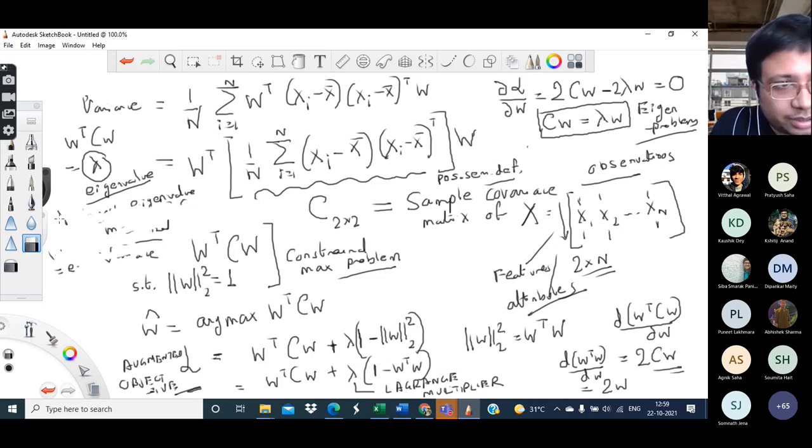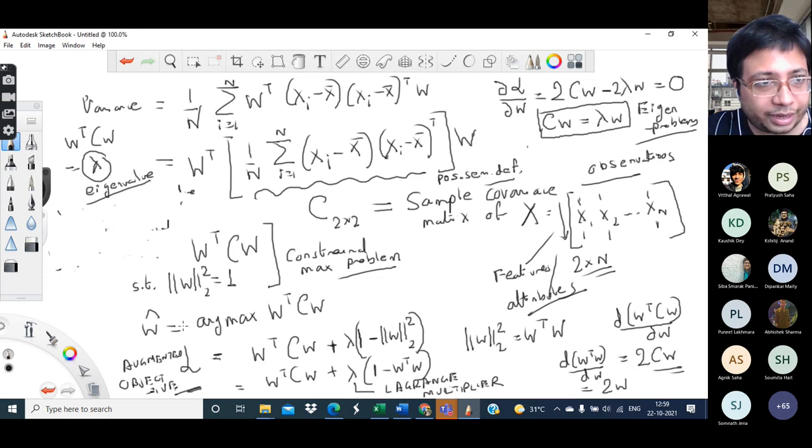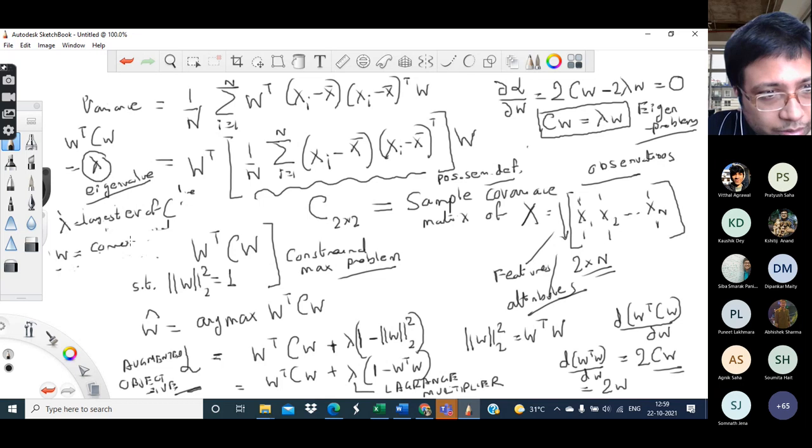Right, so this is what is known as principal component analysis. What is it saying? It's saying that lambda is my largest eigenvalue of C, and W is the corresponding eigenvector.